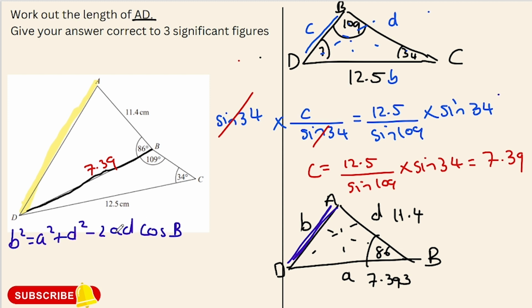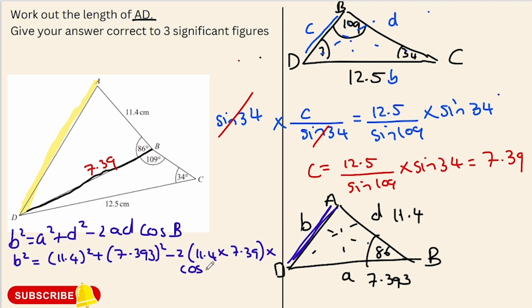I'm going to substitute everything in here. So B squared is 11.4 squared plus 7.393 squared minus 2 times 11.4 times 7.39 times cos 86.